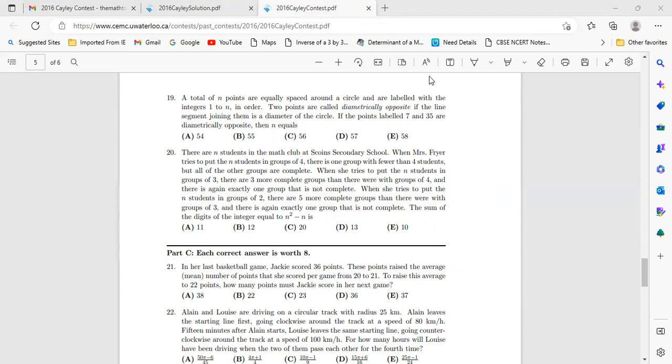Okay. So let's understand this question diagrammatically first. I'll just draw the diagram for this. So they said it is a circle.